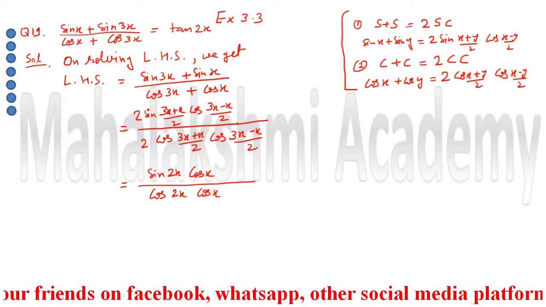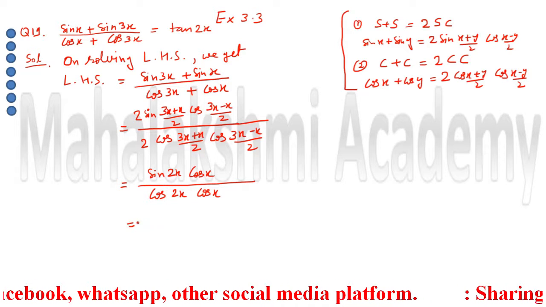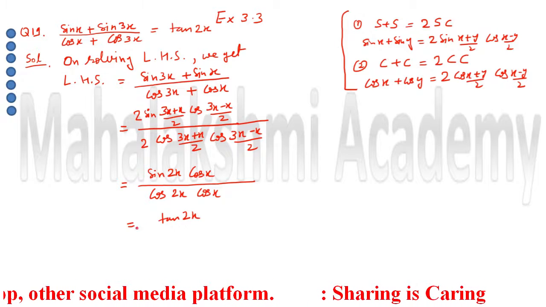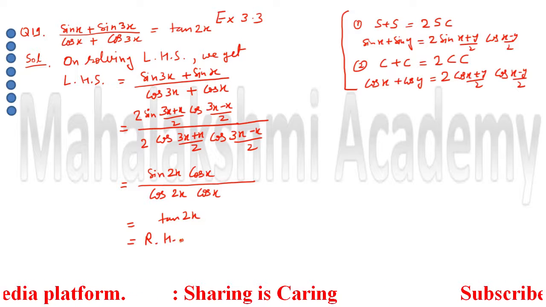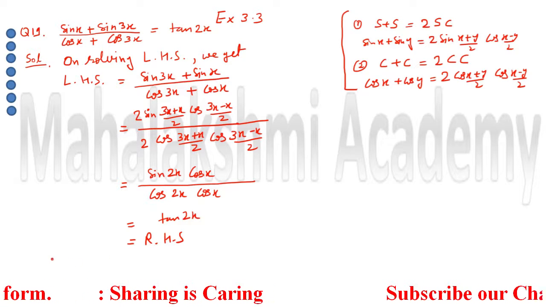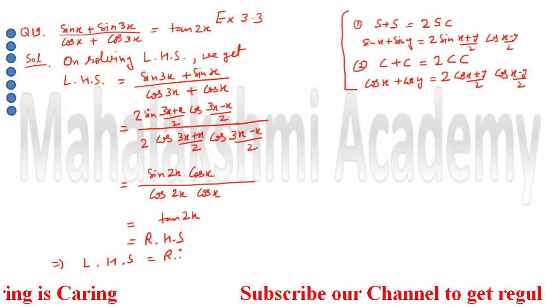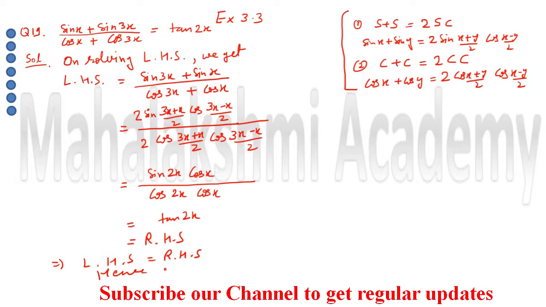We remain with sin 2x upon cos 2x. So that is going to be our tan 2x. That is our right hand side. Which implies left hand side is equal to right hand side, hence this question is proved.